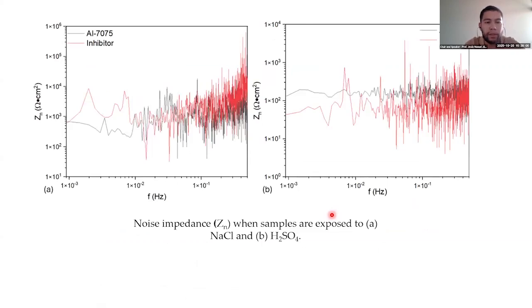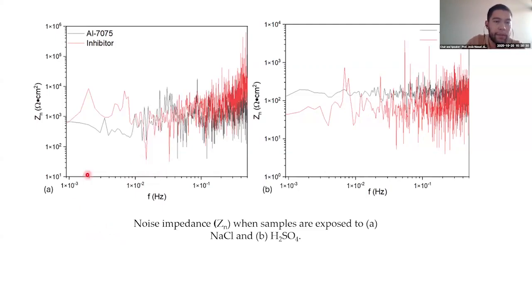Another way to analyze this is with noise impedance. The noise impedance is very important because it gives the resistance to corrosion. For these samples, the resistance to corrosion shows some very particular behavior.